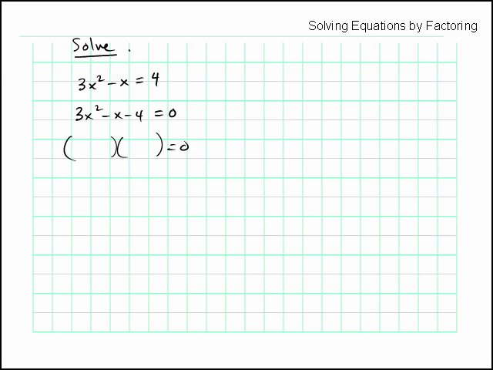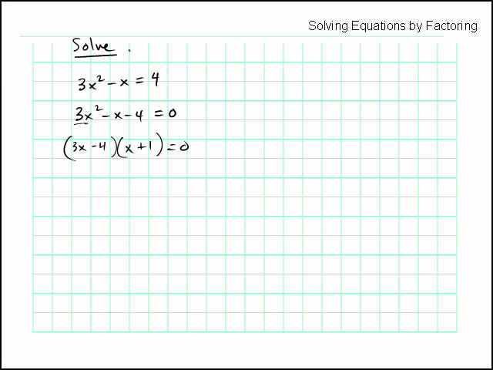Now the left side factors to, let's see here, 3x squared has to be 3x times x. And the factors of -4 that are going to work here are going to be a -4 and a +1. There we go. I have the equation factored on the left side. It equals 0.